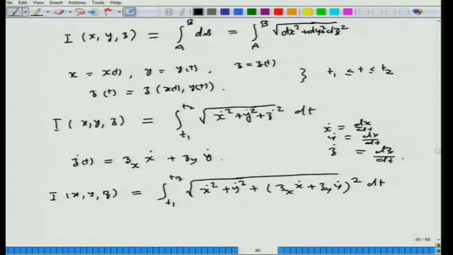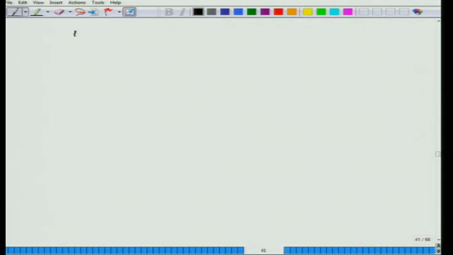So, this is a functional of this type, where in f, t does not appear explicitly, only x, y, x dot, y dot, because z x and z y will be functions of x and y. Here t does not appear explicitly.